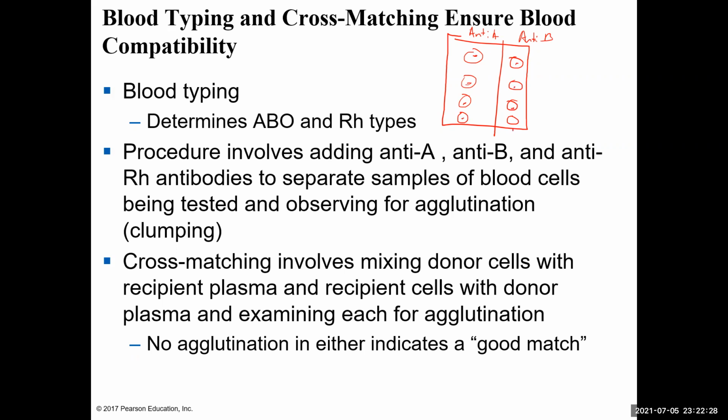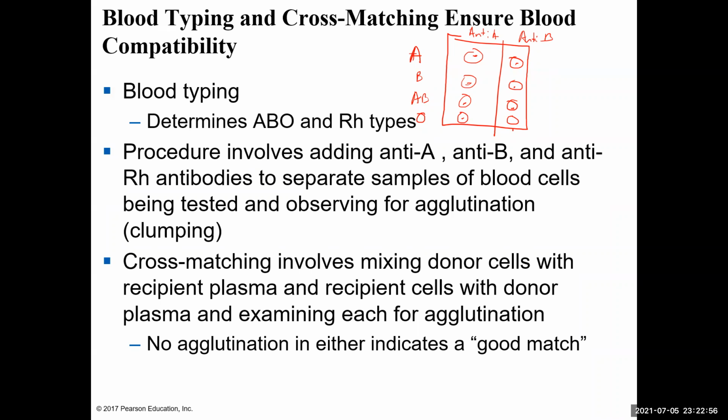Okay. And you would then take your anti-A and put it in each of those. So it would be like type A, type B, type AB, and type O. And you would put the antibodies in that well.